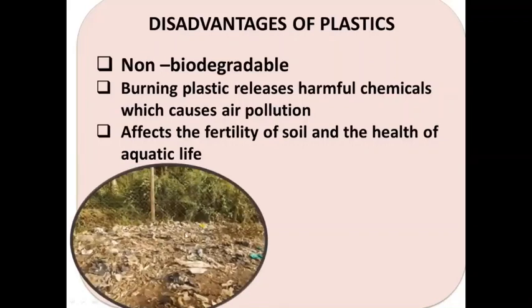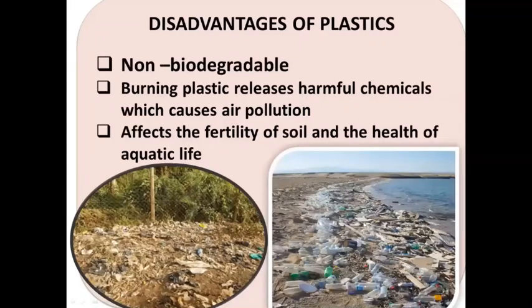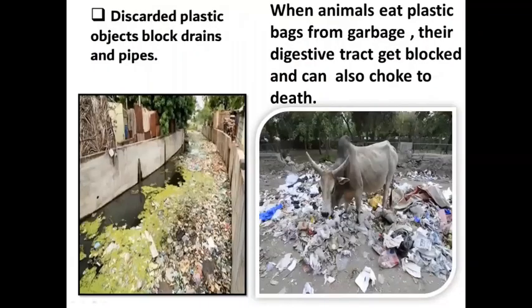Look at the picture, children. You can see this land is completely filled with plastic bags. So ultimately it will stop the flow of water and this land is not suitable to grow crops. Even it affects the health of aquatic life like fish, many kinds of aquatic animals get affected due to plastic. Oh my God, look at this picture.